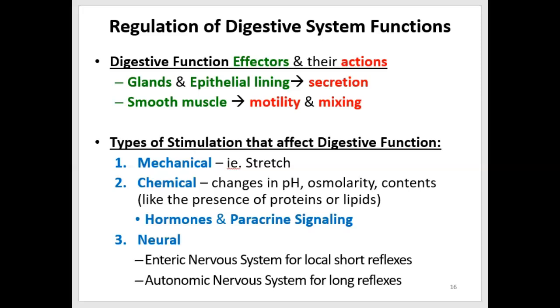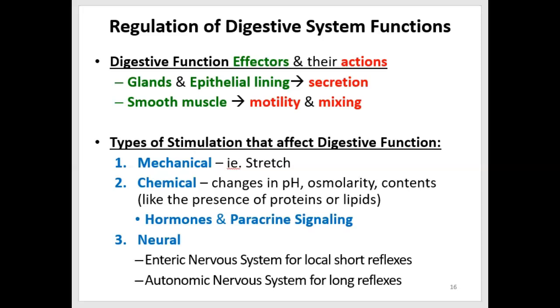For example, the presence of lipids in the first part of the small intestine, the duodenum, causes secretion of certain hormones and enzymes. Another case that would involve stimulation of a digestive function would be a nerve stimulating function.